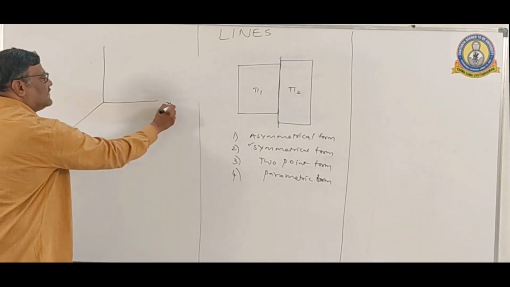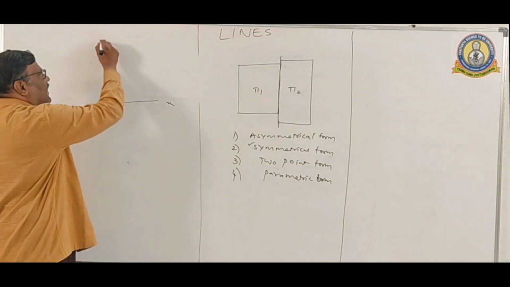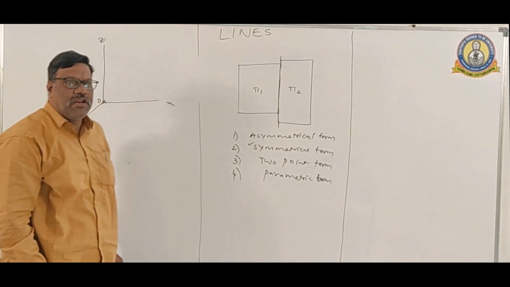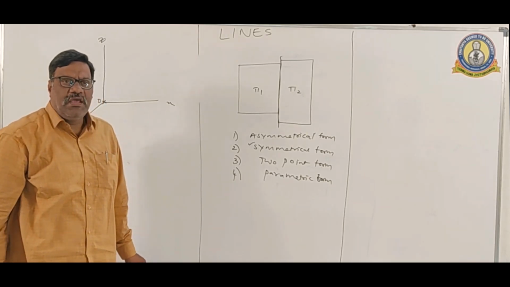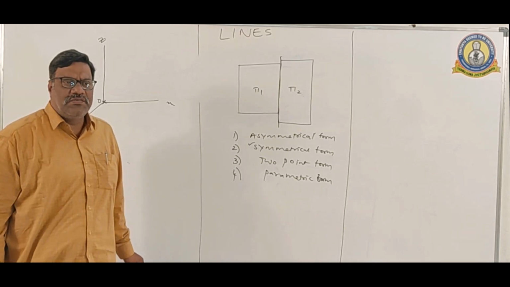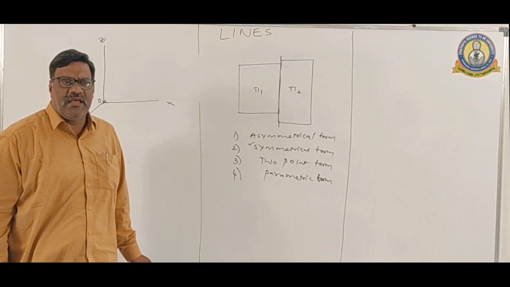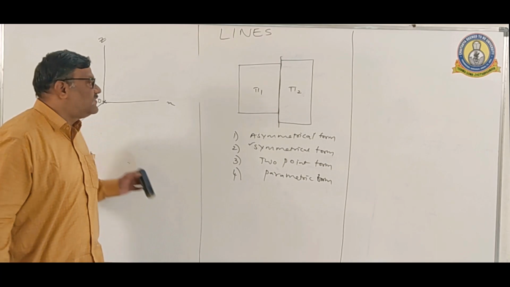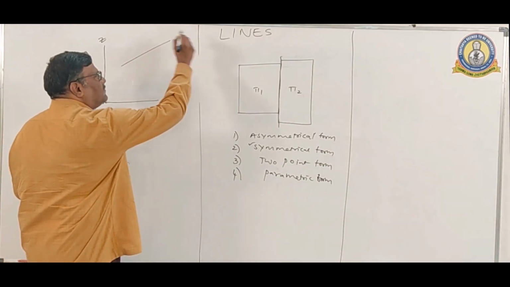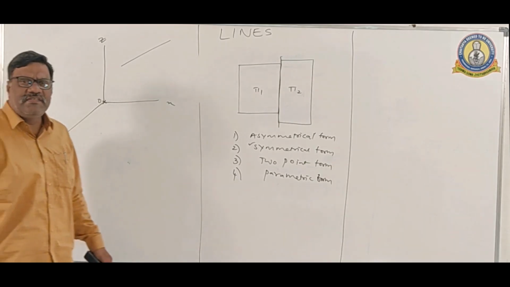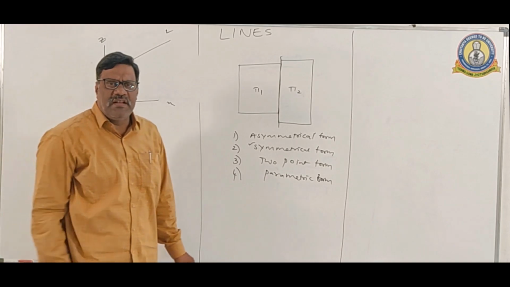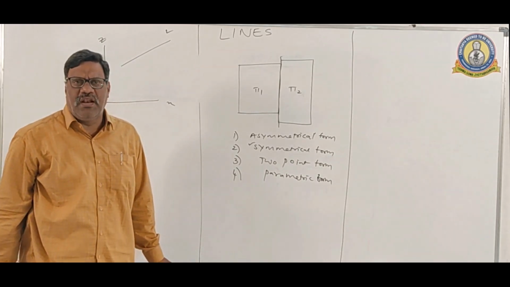This is the x-axis, this is the y-axis, and this is the z-axis, and the intersection point is taken as the origin. Here, having taken this x, y, z system, and having defined a line as the intersection of two different planes, I would like to draw one line on this xz plane. This is the line L, and I would like to obtain the equation of this line L in the symmetrical form.